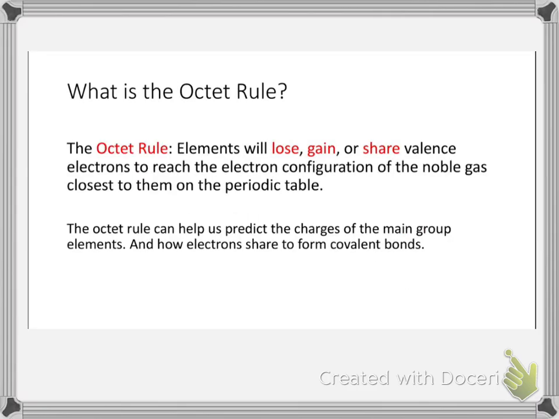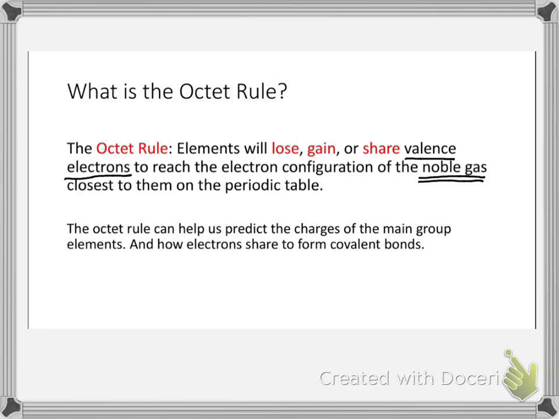So let's talk about the octet rule, and we're going to go over both ionic bonding and covalent bonding, and we will apply it specifically to both of those types. But here is the general rule. Elements will lose, gain, or share valence electrons, those are the ones involved in bonding, to reach the electron configuration of the noble gas closest to them on the periodic table.